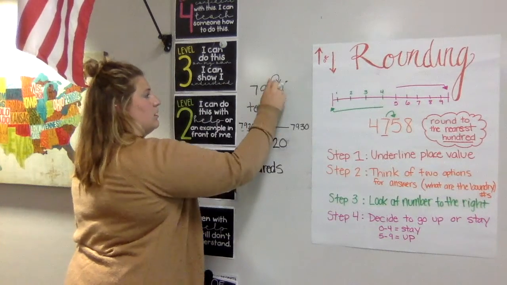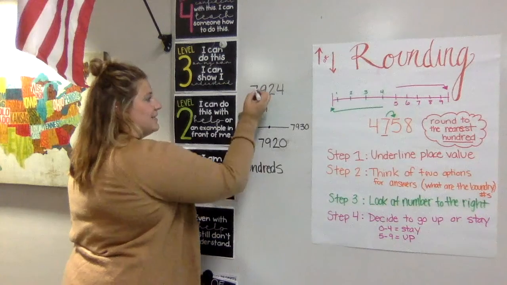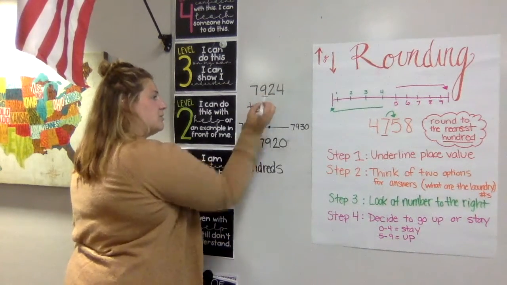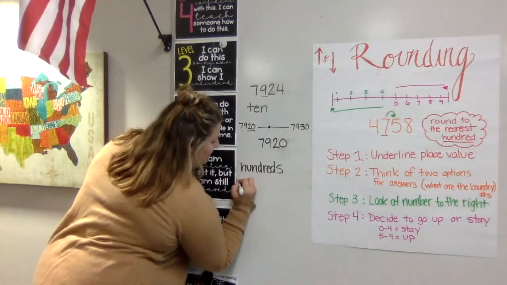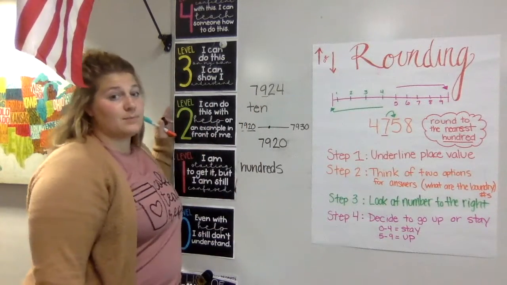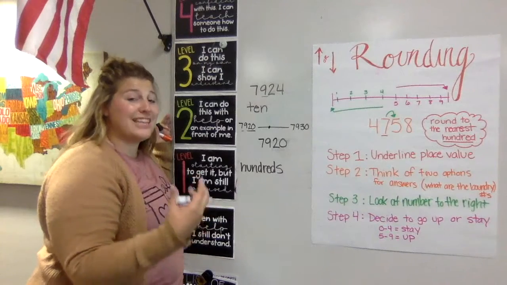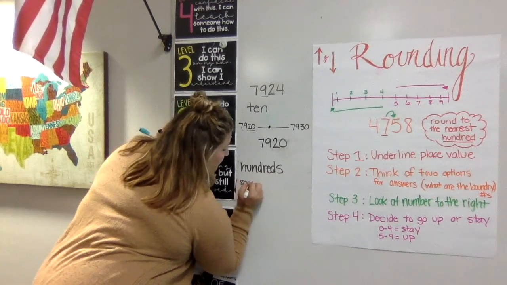Let's use the same number but do hundreds. I'll erase all my work here. Rewrite 7,924, my hundreds, I underline. Step 1, think of my boundaries or write them. So my boundaries would be, oh, look here. At 9, you have to go up. So actually the next 100 is going to get me to 8,000.